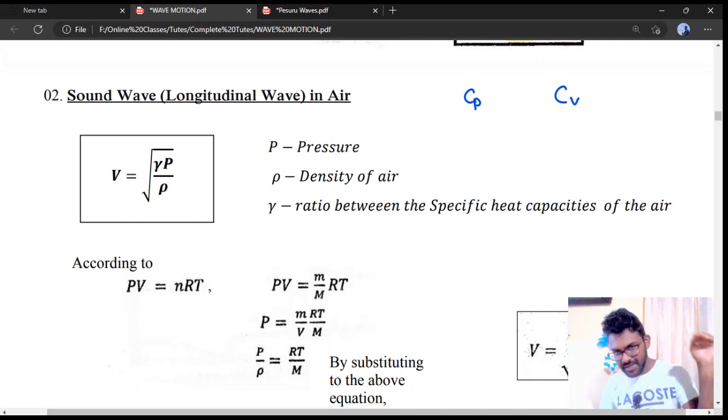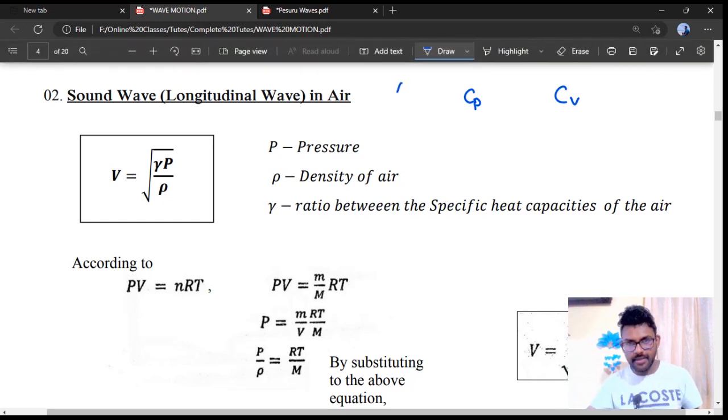So the supplied heat, delta Q, will be increasing the volume, which means doing work, P times delta V, and it is also increasing the internal energy, delta U, of the system.